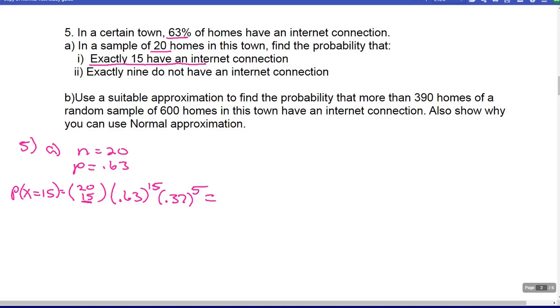What's my number? 15. And then what's my sample size? 20. And what's the probability of success? 0.63. Those are all the numbers I need. Press enter. What's the probability? 0.10508.